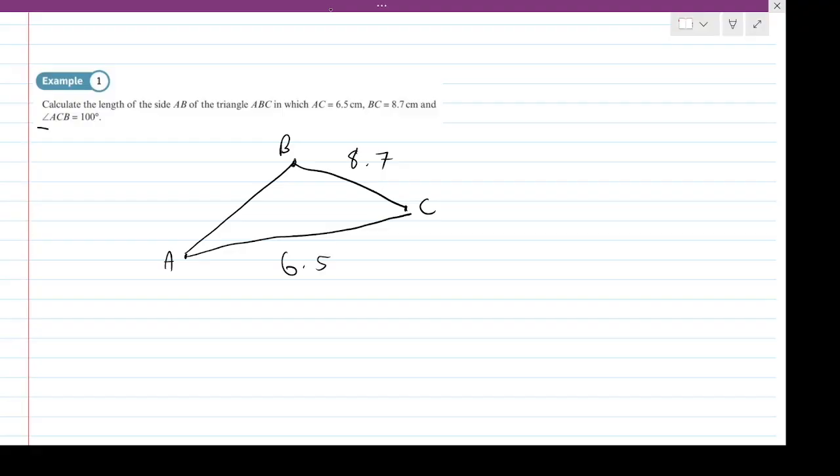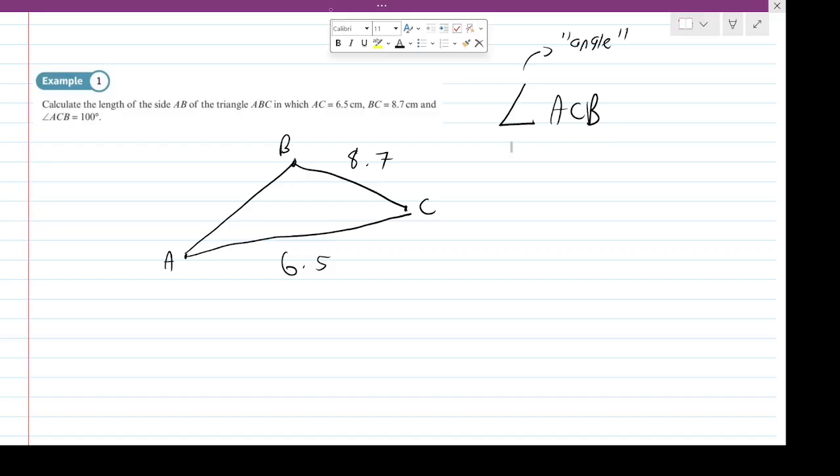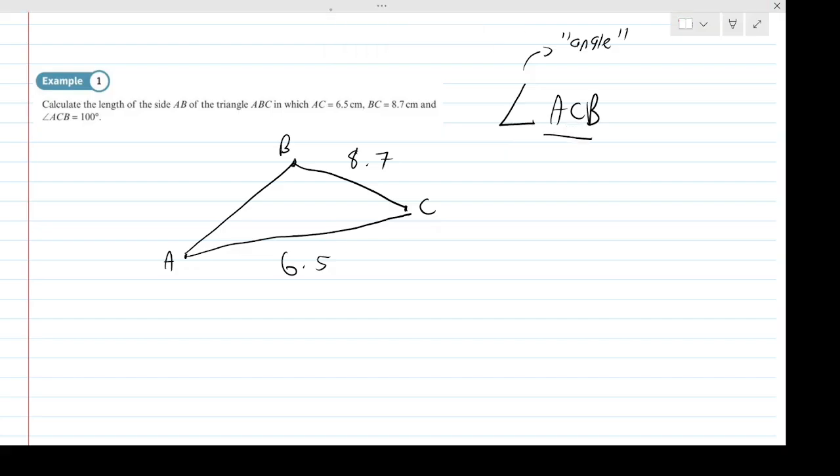We're also told the angle. Now this notation, this weird almost pointy nose, ACB, this symbol means angle. Now we label angles with three letters. We go in alphabetical order, so A, B, C, but C's in the middle because the middle letter in an angle is where the angle's at.